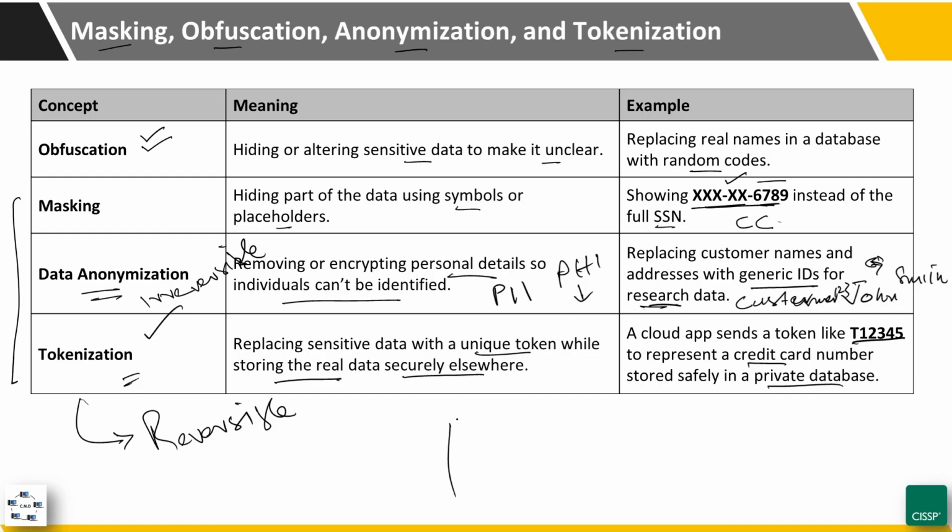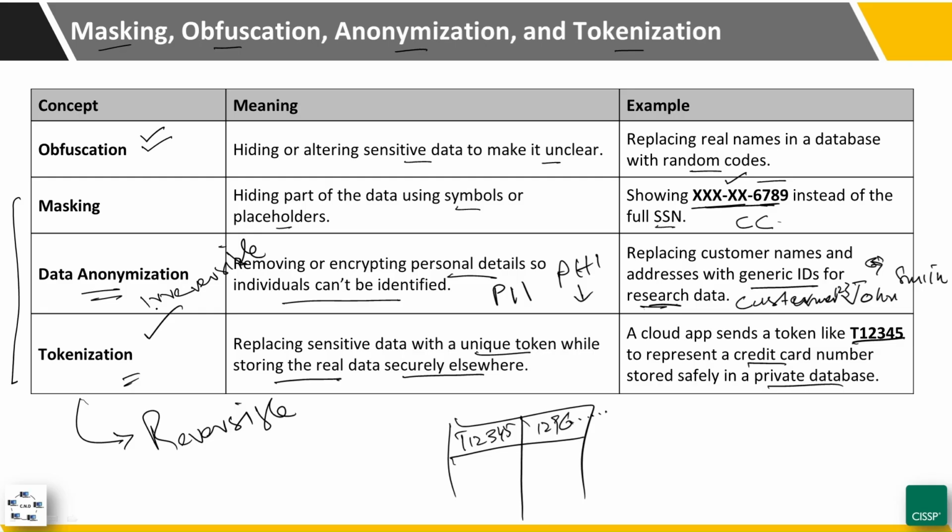How? For example, you may have a table where we have a token, let's suppose token 12345, and this correlates to a specific credit card number. So when needed, we can verify that indeed this token represents this credit card number.